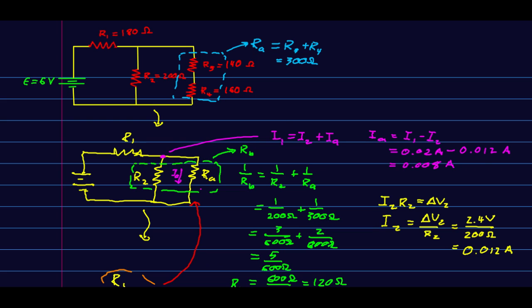And then since RA breaks into R3 and R4 and they are in series, IA is the same as I3, which is the same as I4. And so at this point, we know all of the currents. And we're done.